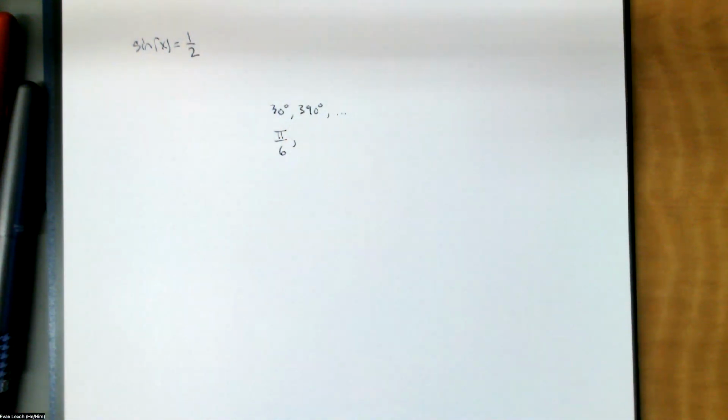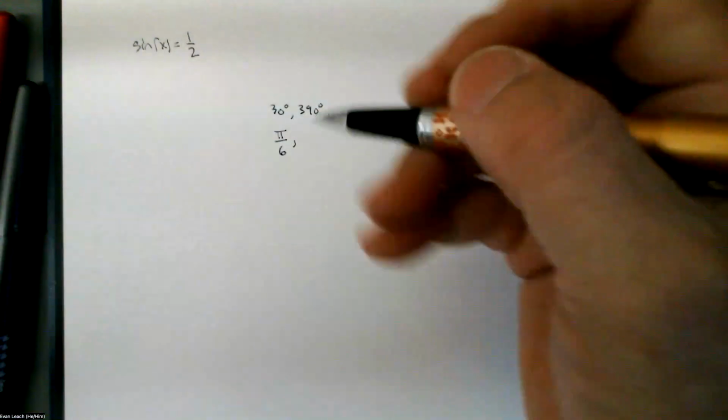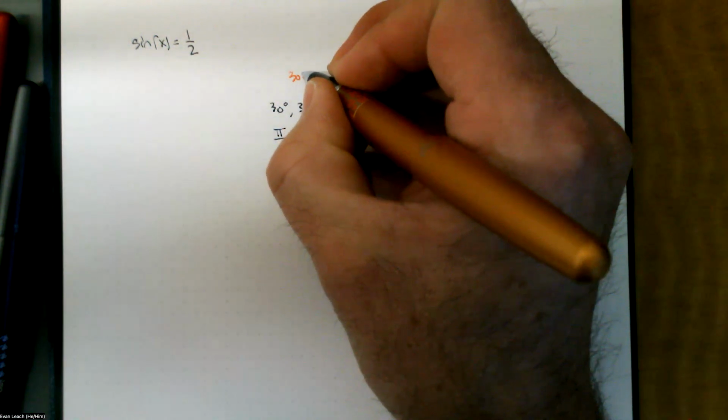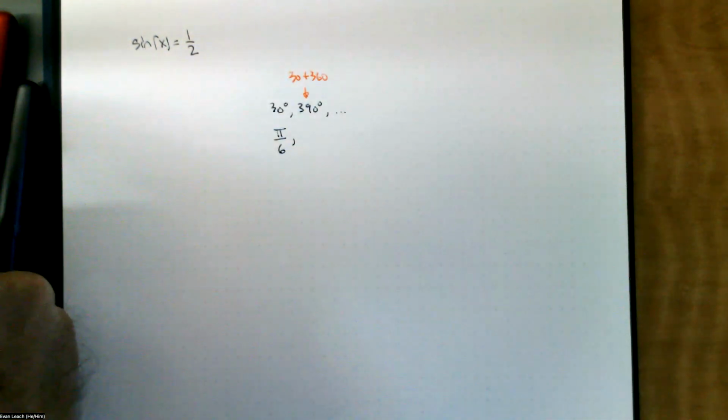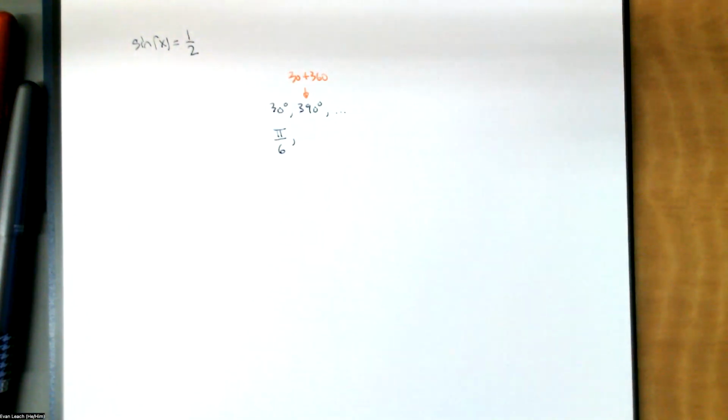Now that 390 came from the 30 degrees plus one cycle, the length of one cycle. So this 390 is 30 plus 360. That's where I get the 390. So we'll do the same thing in radians. I'll just take pi over 6 and add 2 pi.